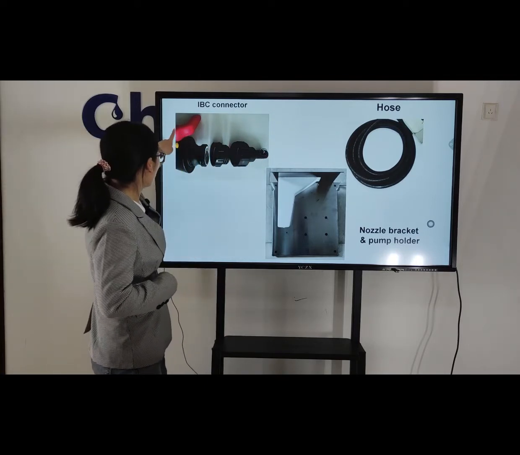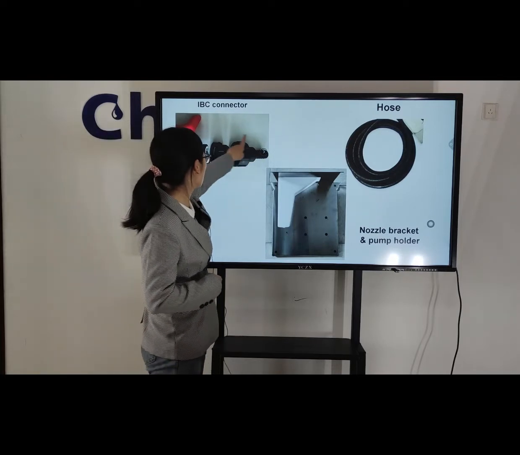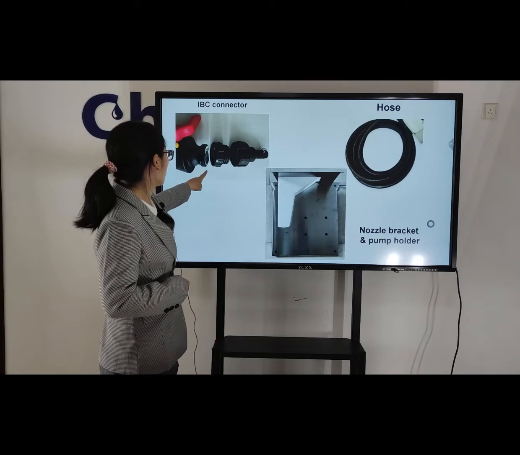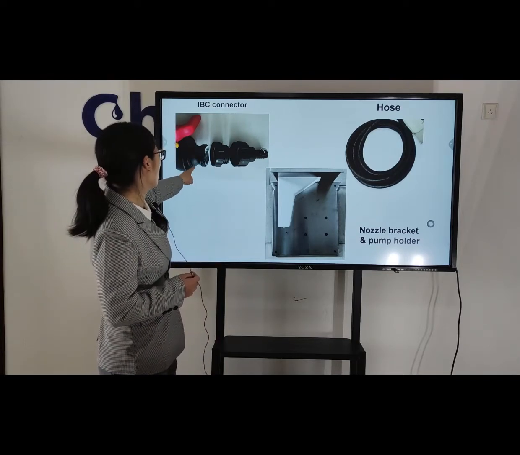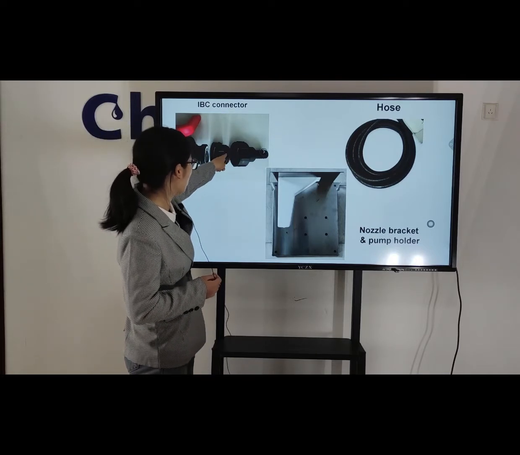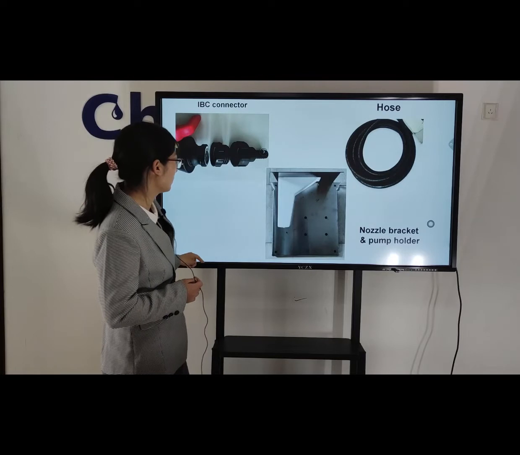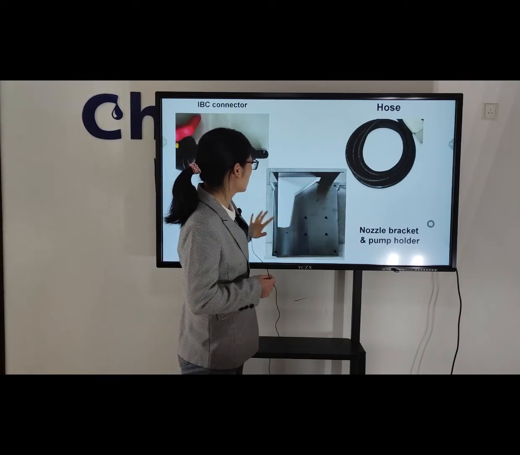If you also need the valve, please let us know in advance. Usually we will supply these two parts, but we need to know the diameter of your valve first, and then we will supply the relevant connector for this part. All of these brackets are stainless steel.